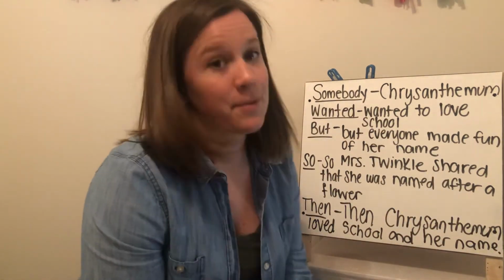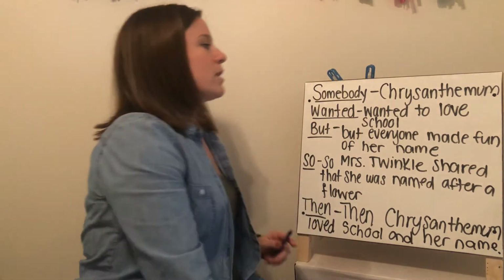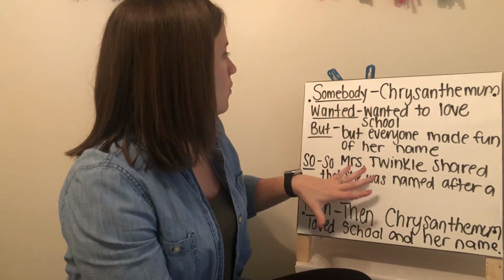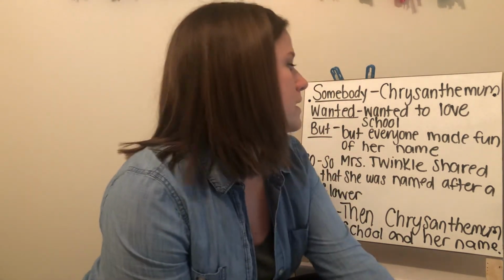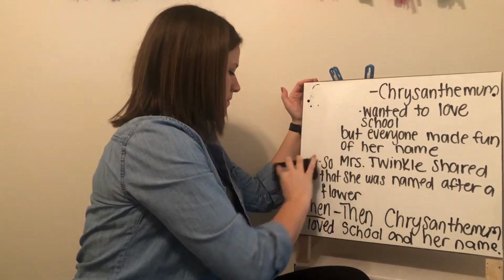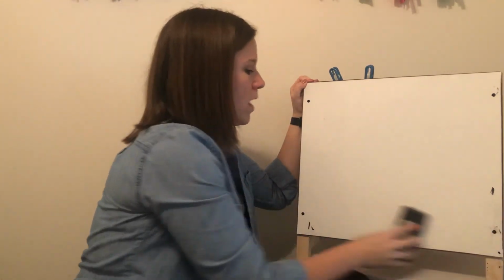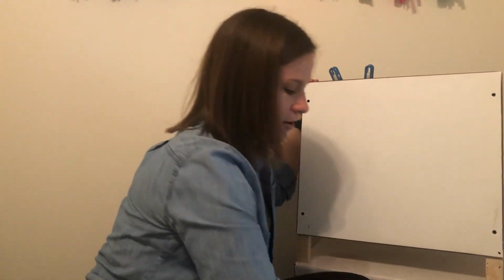Okay, so I'm going to do that right now with you so we can kind of see what that would look like. So you will take those 5 parts, okay? And create one big paragraph.